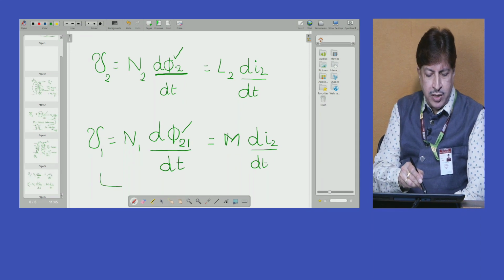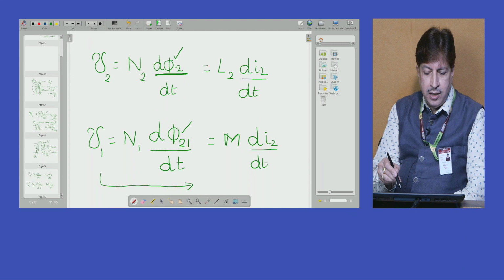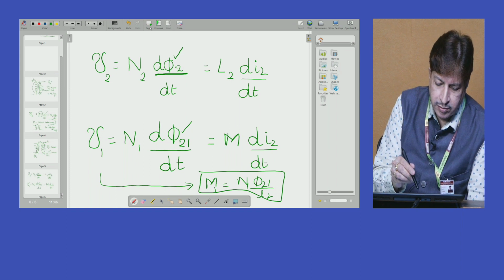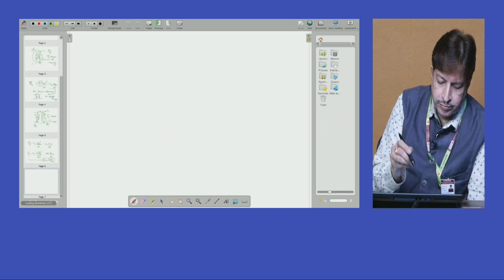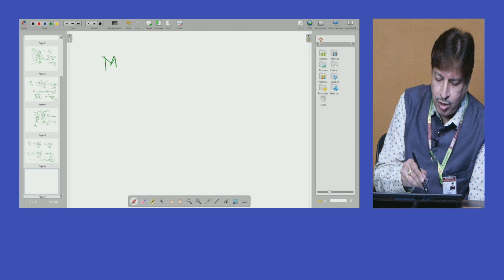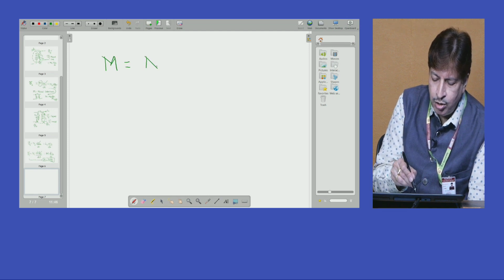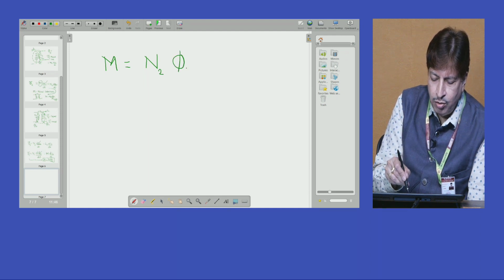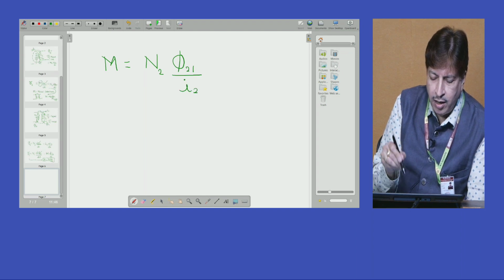Now from this we can write the mutual inductance M is equal to N1 phi 2 1 by I2, or M is equal to N2 phi 2 1 by I2.